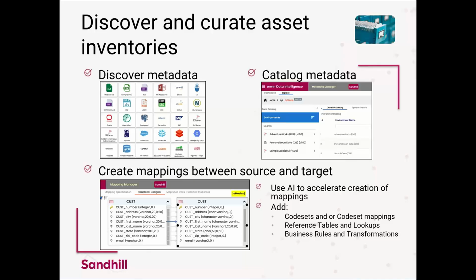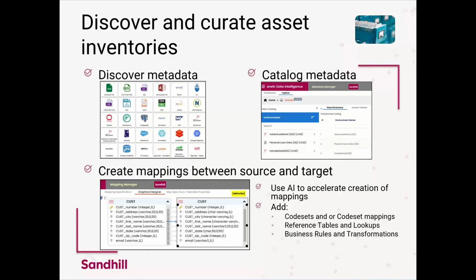Data in the source might be known as, say, if we're looking at our gender fields, male, but in the target it may be known as simply M or a different value. Having a predefined list of those lookups and reference code sets is of great value, so that we can show consistency and quality in the data as it's being transformed from the source to the target.